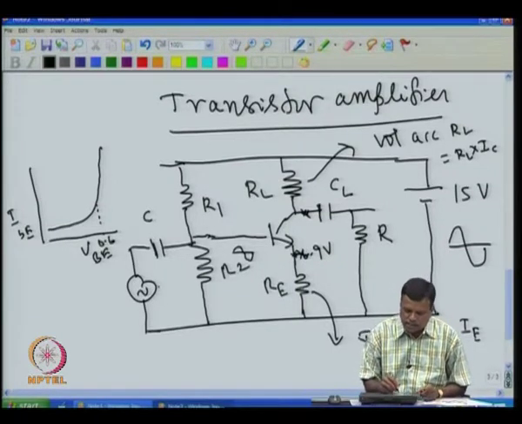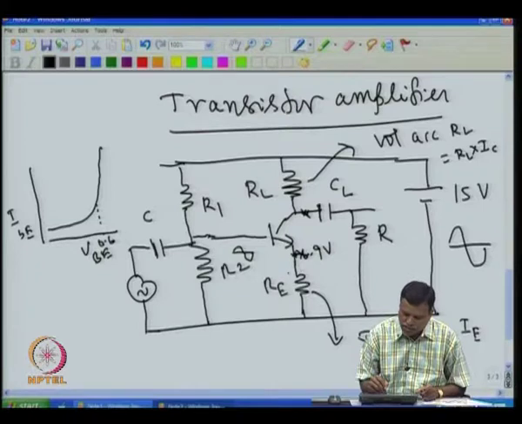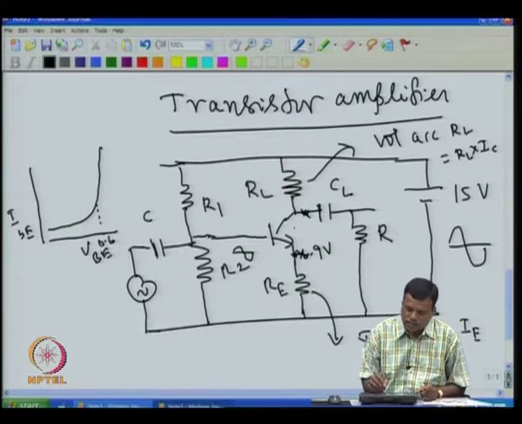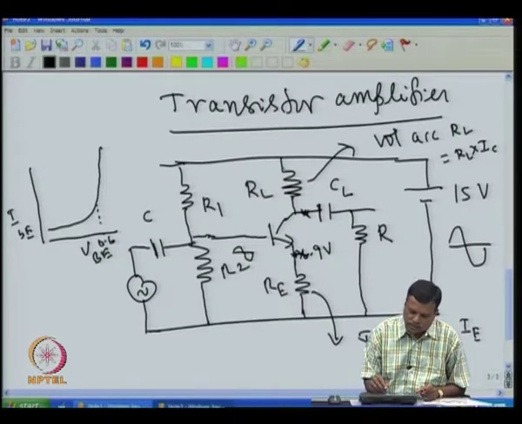If the signal is 10 millivolt, then the 10 millivolt automatically comes across this resistance RE, and we know that this current is the same as this current. So, the 10 millivolt AC appearing across this along with the DC produces a varying current here, and that also produces a varying current here. So, here also you will get an AC automatically.